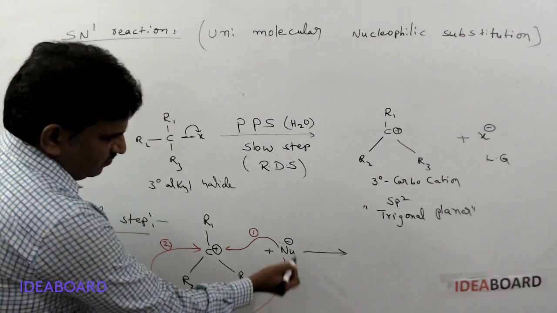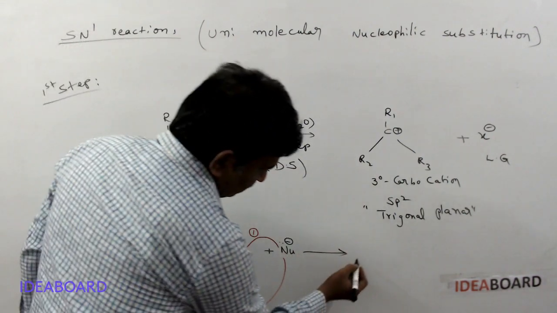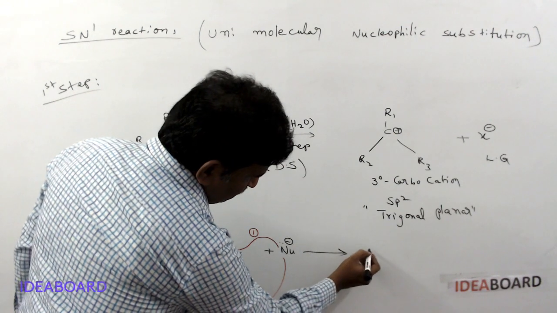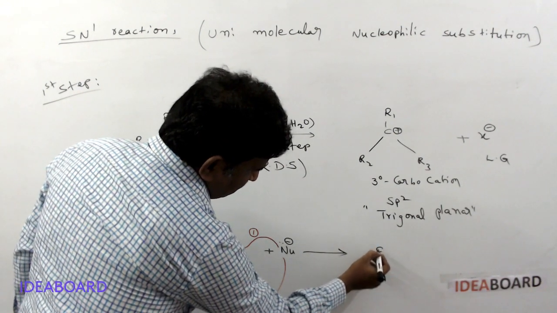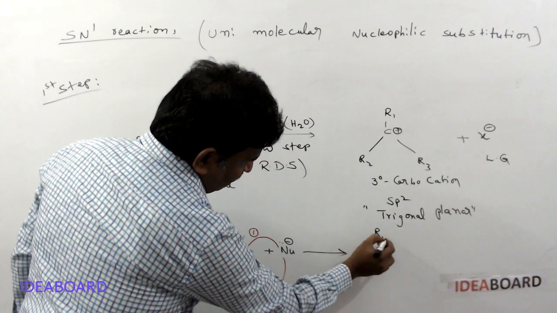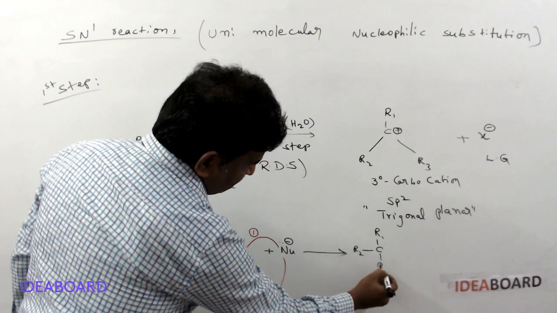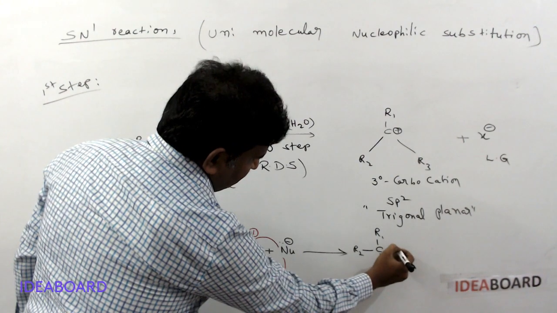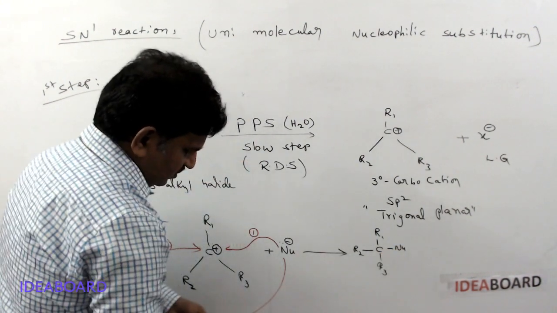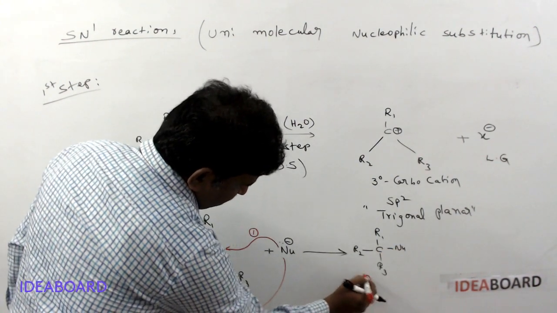If it is attacking from the front side, the first product is formed. What is the first product? Here I am writing the first product: R1, R2, R3 and the nucleophile. This is product 1.